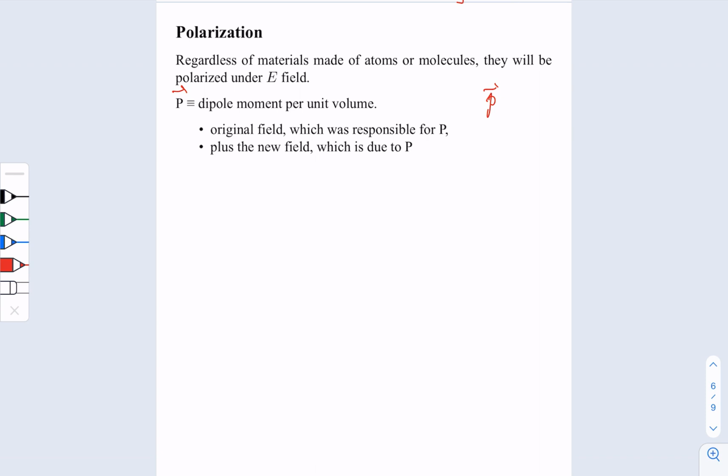The matter will be polarized along this E field, and the dipole moment per unit volume is represented by this capital P. So this capital P is due to this E field, but it will also generate a new field, and this new field is something that we are interested in.